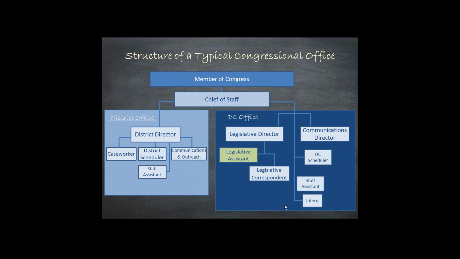But if there's an especially busy day, if you have a meeting scheduled with an office or with a legislative assistant, it's possible that something will come up that will require them to not be able to attend your meeting. And so sometimes the staff assistant or the legislative correspondent will take that meeting, and then they will write a memo about the meeting that they had with you that goes to the legislative assistant.